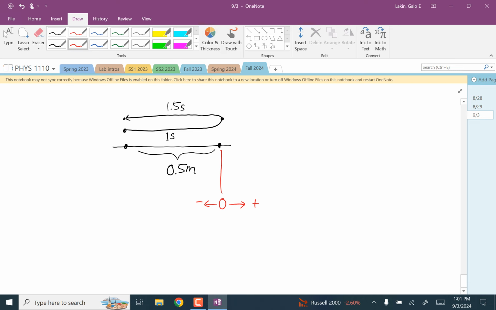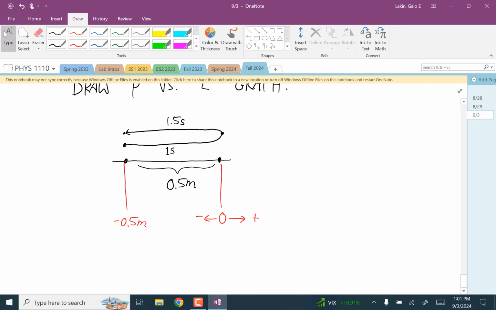And if you start at 0 and go 0.5 meters in the negative direction, what's the position here? Yep, negative 0.5 meters, perfect. And then for times, the stopwatch begins running at the start of the motion, so this is at 0 seconds. 1 second later, it's at 1 second. 1.5 seconds after that, it's at 2.5 seconds.